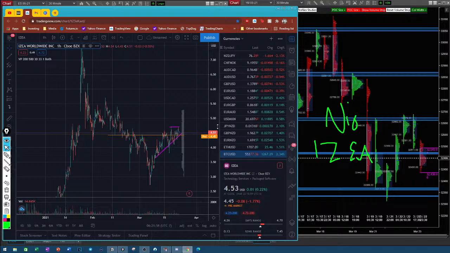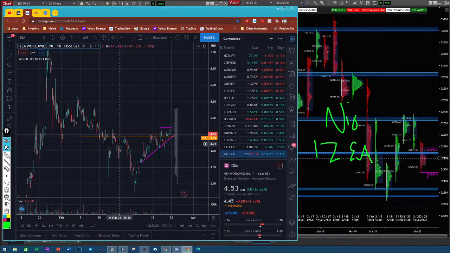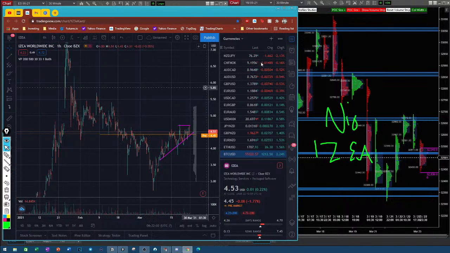So I would be looking for continuation to the upside, and I'd be looking for us to break through this weak high right here, the little magenta line that I got. And potentially this thing could trade all the way up to 542 or higher. So I want to see this trend line hold.